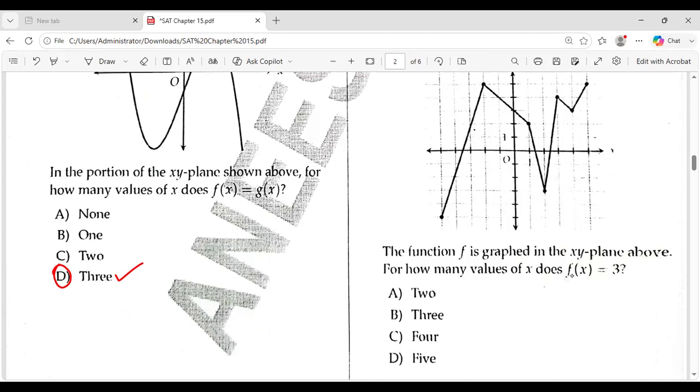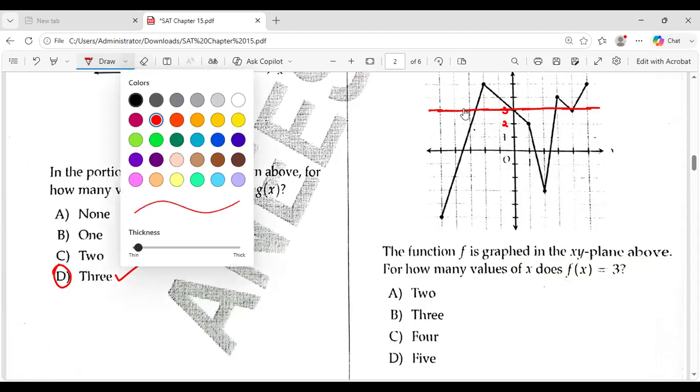Yeah, exactly. Now it says f(x) is equal to 3. So basically, this is the value of y. This is 1, this must be 2, and this is 3. So at y equal to 3, make a line like this and find out the number of points at which these are intersecting.